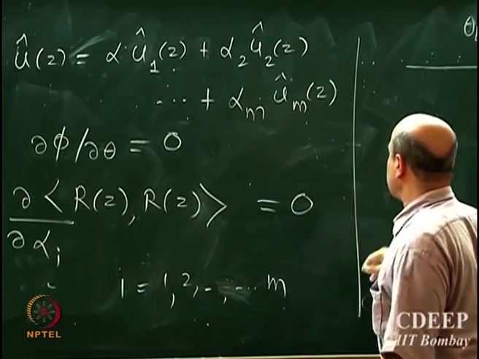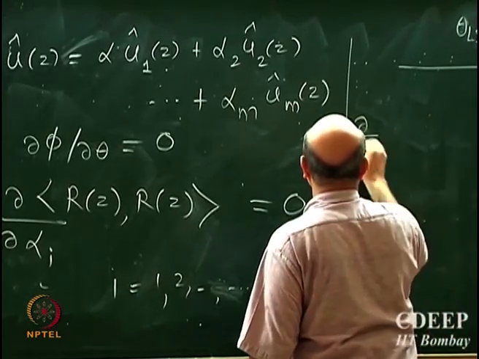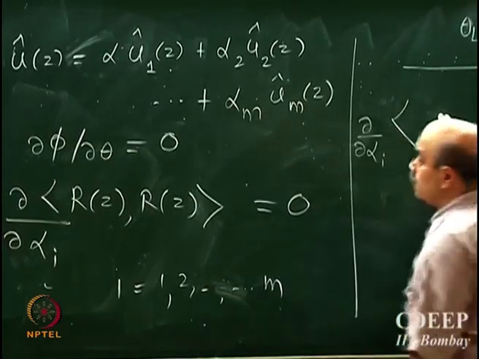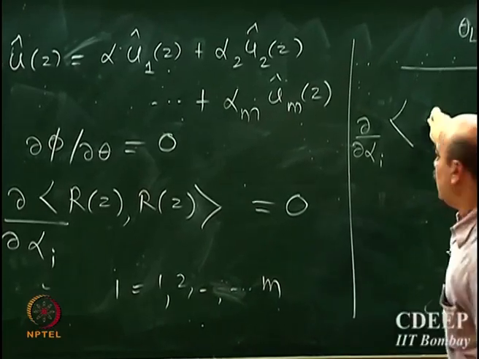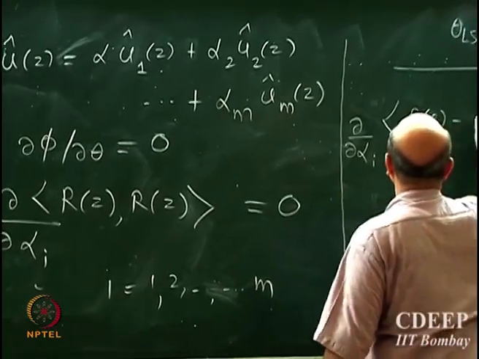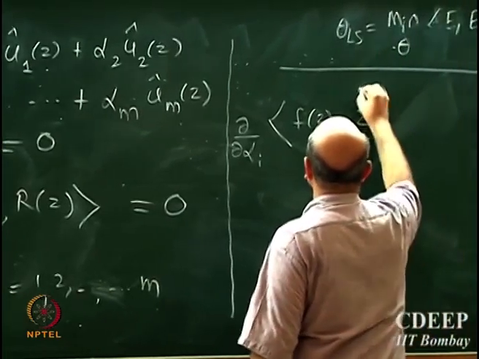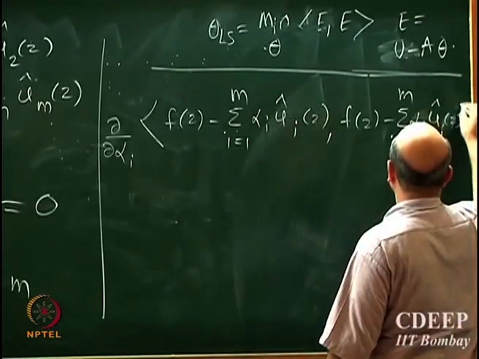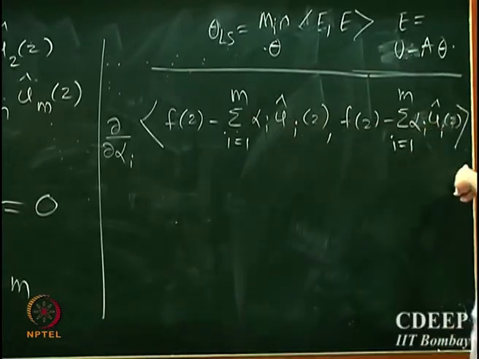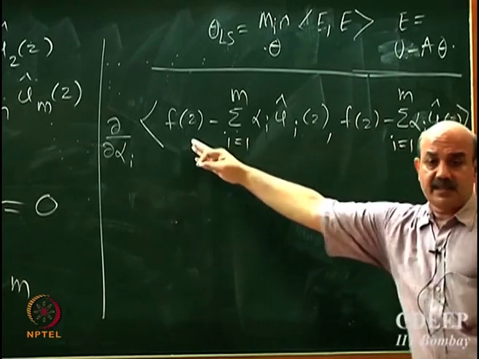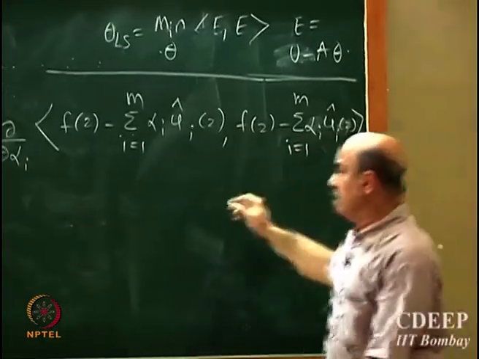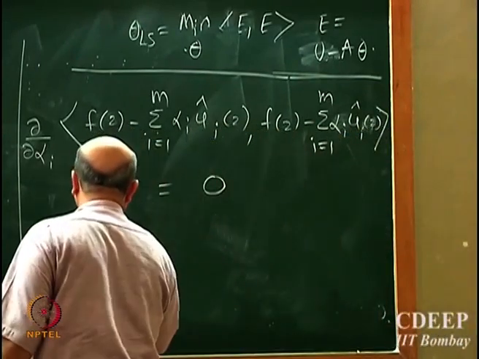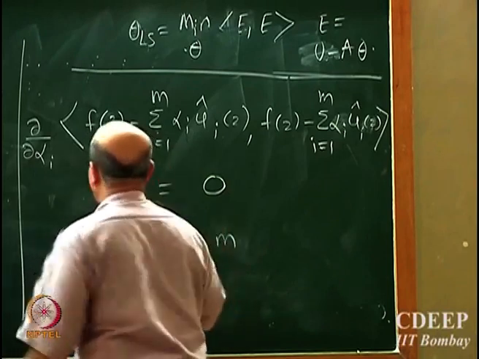You have to solve dou by dou alpha i of the integral, where R of z is F of z minus summation i going from 1 to m of alpha i u cap i, equal to 0, for i going from 1 up to m.